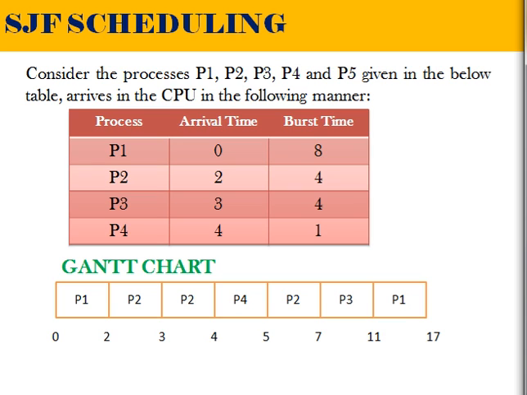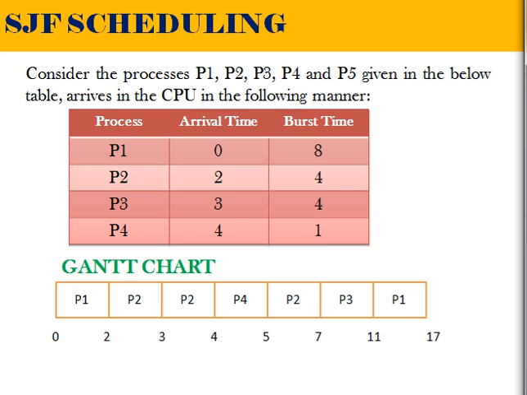Now the next process P3 arrives at time 3. At this time the execution of P2 is stopped and the process with the least remaining burst time is searched.